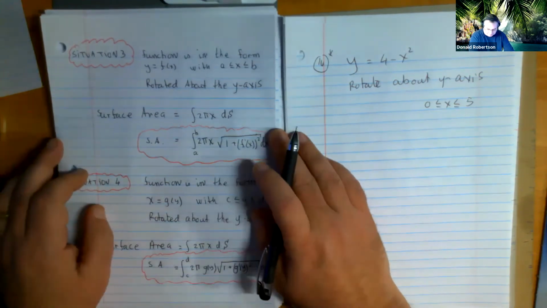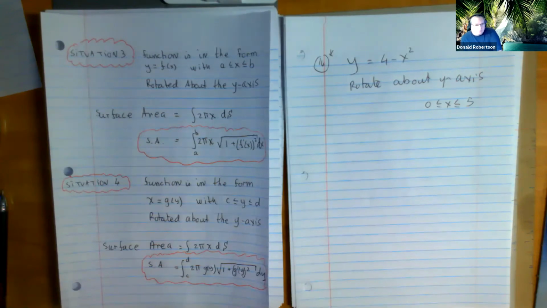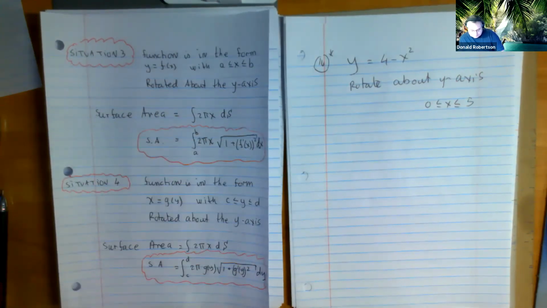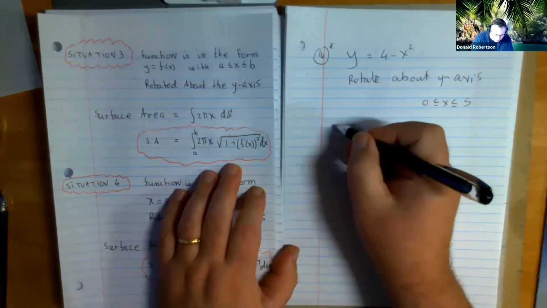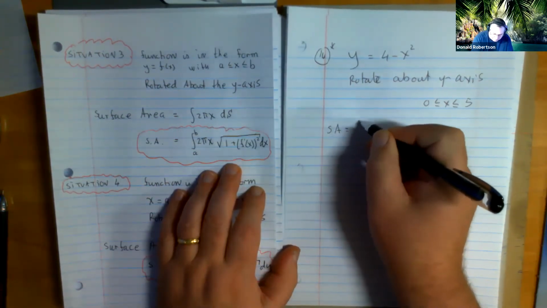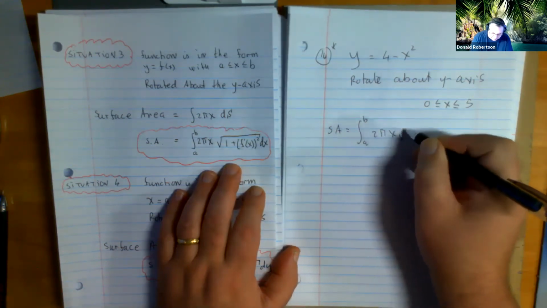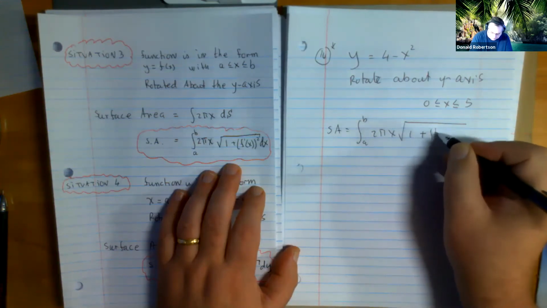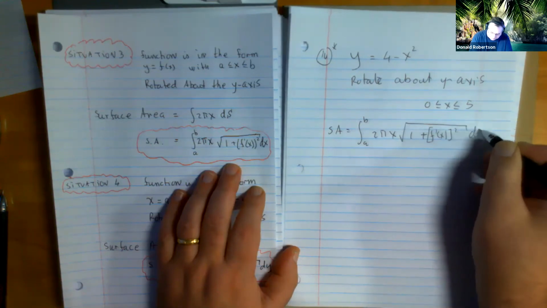Great. And so which one, 3 or 4? 3. That's 3. So the surface area is going to be the integral from a to b of 2 pi x times the square root of 1 plus the derivative squared dx.